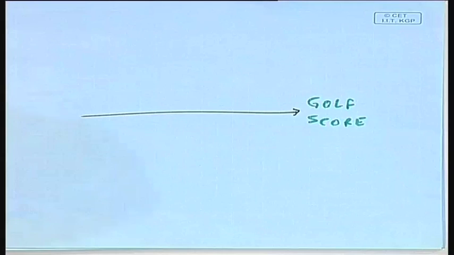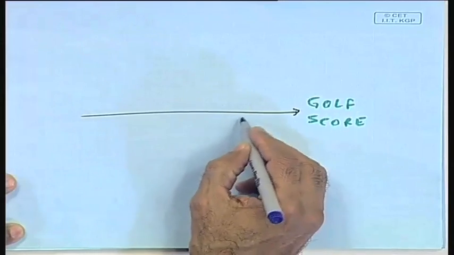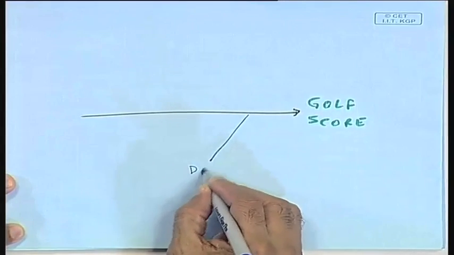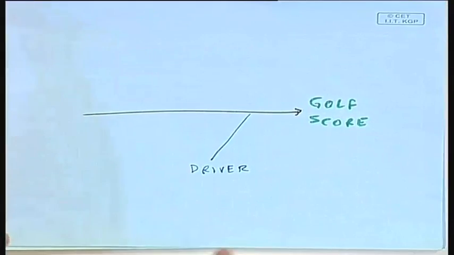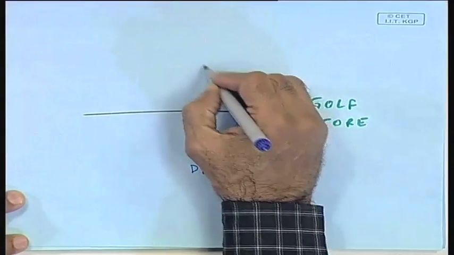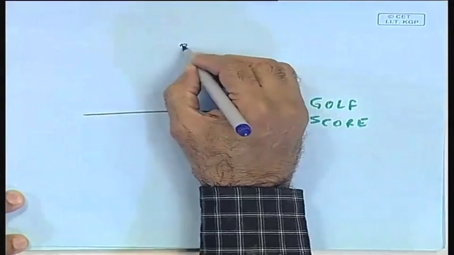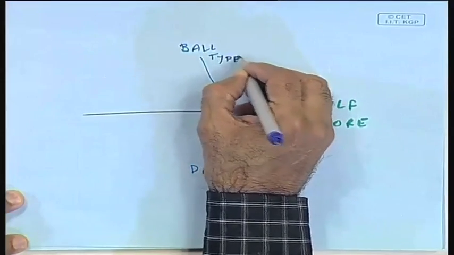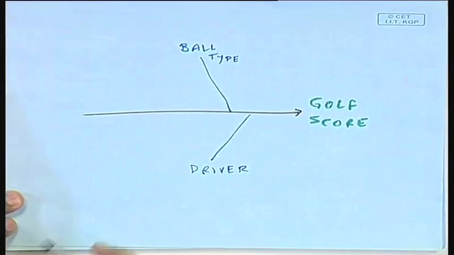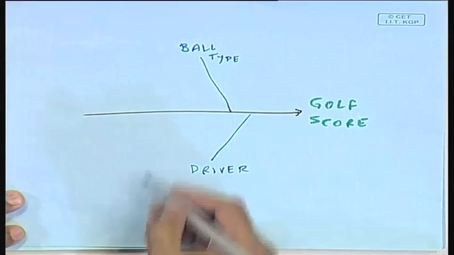Let's list them out. The ones that we have decided to use in our experiment are going to be the driver, this is the stick with which you hit the ball, and of course the ball type. This is also going to be one of those variables that you might like to optimize as you're playing golf to try to keep your score low.